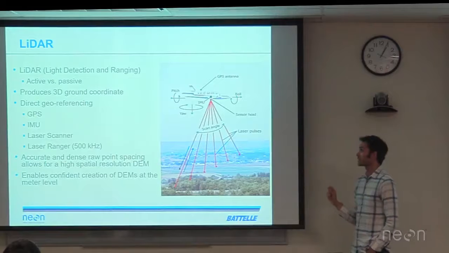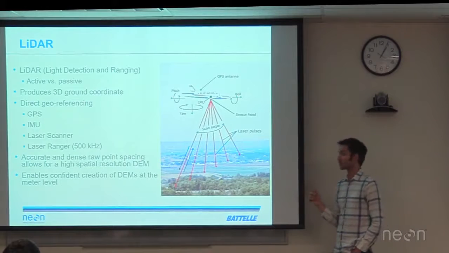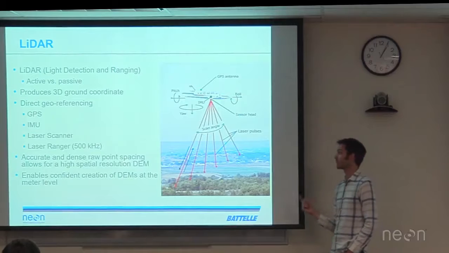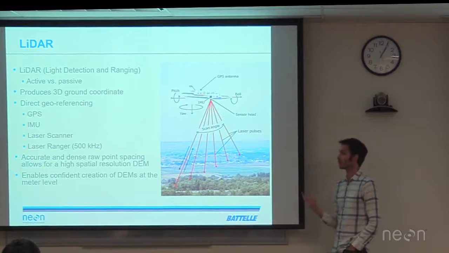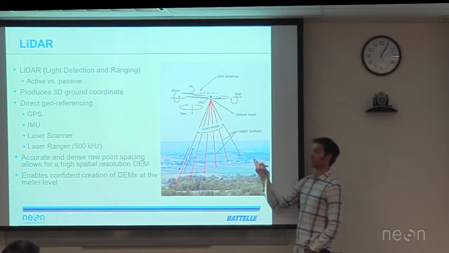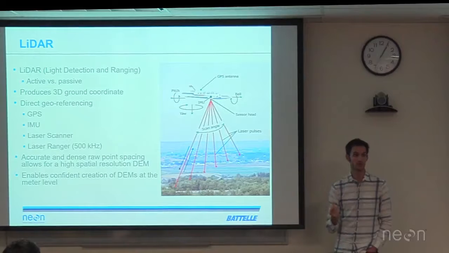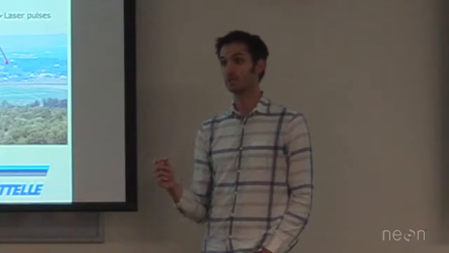So what makes LiDAR really unique is that it's able to achieve a really accurate and dense raw sample of the terrain. It's able to do that mostly from the laser ranger, which today's rangers can operate at about 500 kilohertz. This means that the system is capable of sending out 500,000 pulses per second. Each pulse is capable of getting multiple returns.